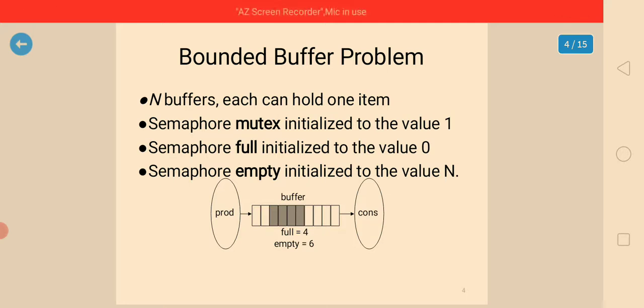In this procedure, the producer produces the product and the consumer consumes the product, but both can use only one of the containers each time, meaning only one of them can use it at a time.